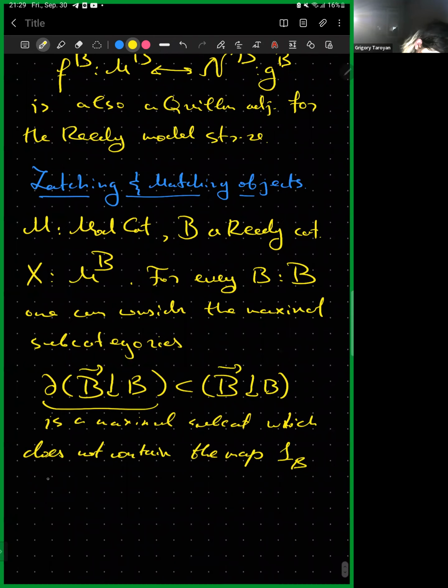And similarly, we can define the maximal subcategory of the undercategory of the increasing category.